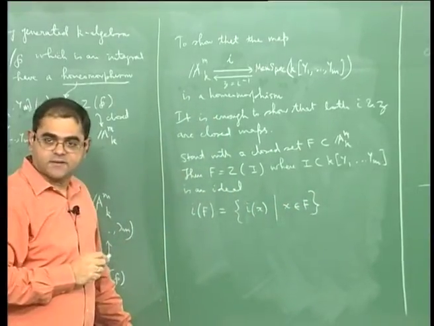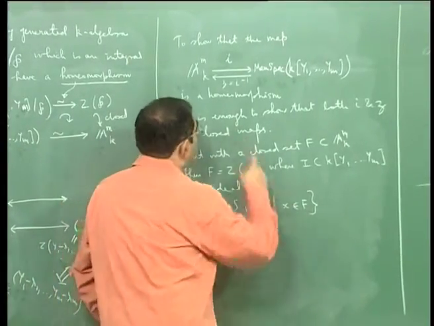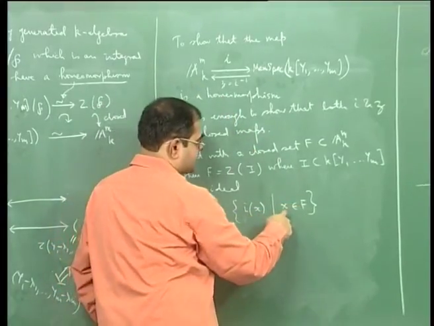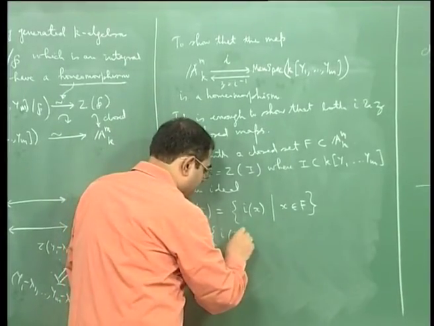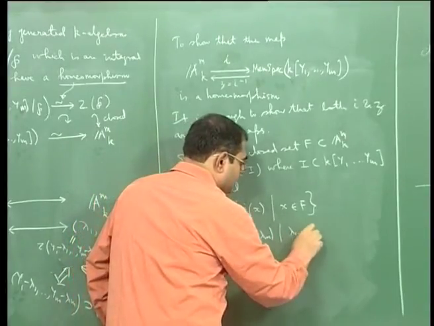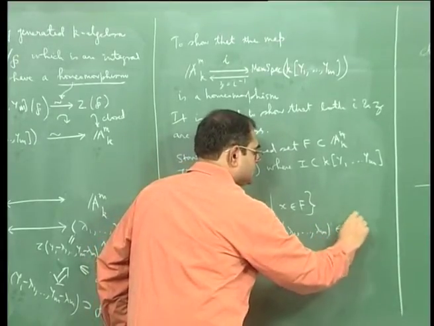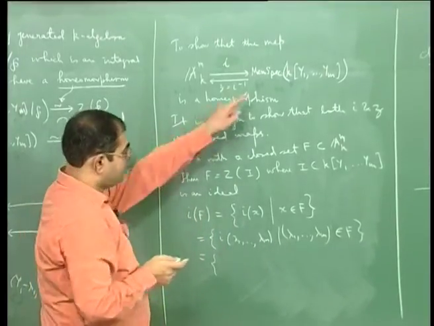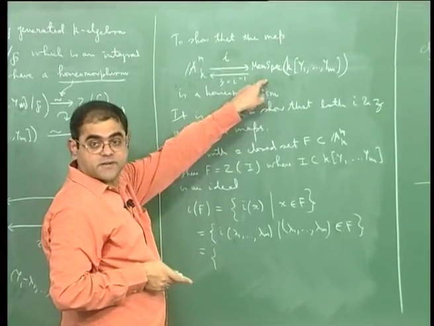This is the image of a set under a map, and so this will be equal to I of, so this x in F will have coordinates, so it will be I of lambda 1 through lambda m, where lambda 1 through lambda m is a point of F. But I of this is supposed to be the maximal ideal corresponding to this point considered as a point of the maximal spectrum, which is a subset of the prime spectrum.